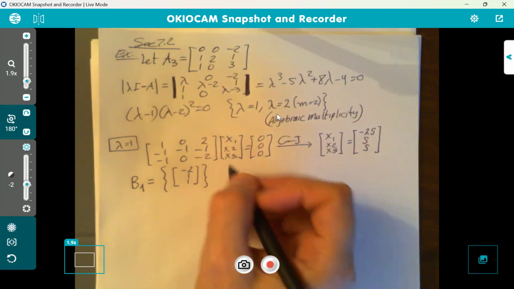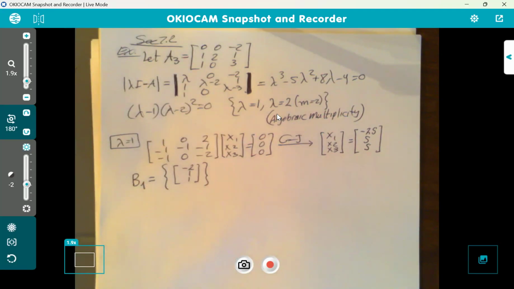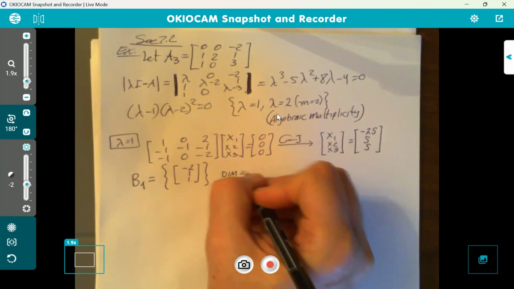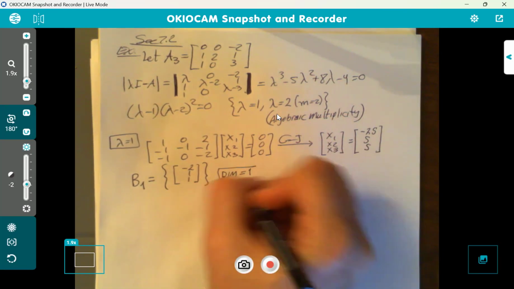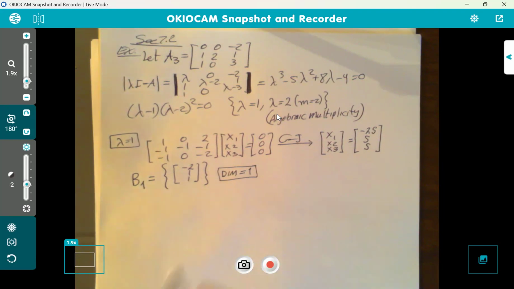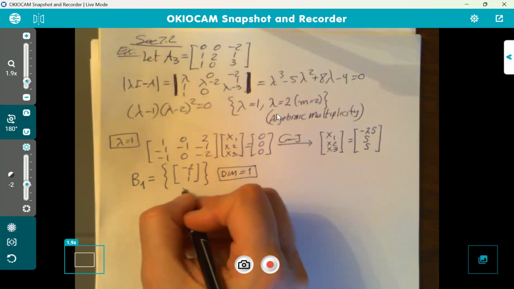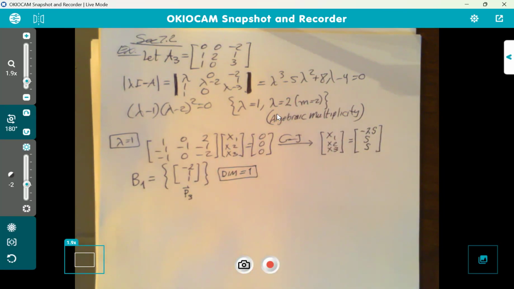Now, I just want to point out that the dimension of this basis is 1 because there's one vector in the basis. And this basis, I'm going to label as P3.